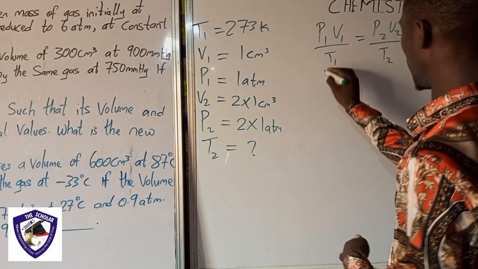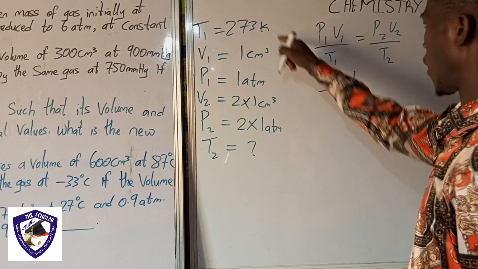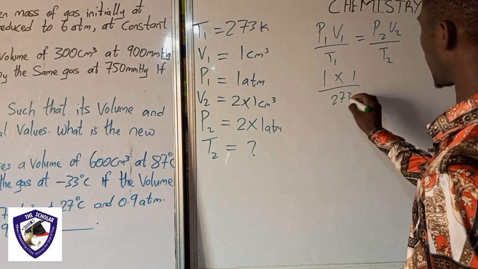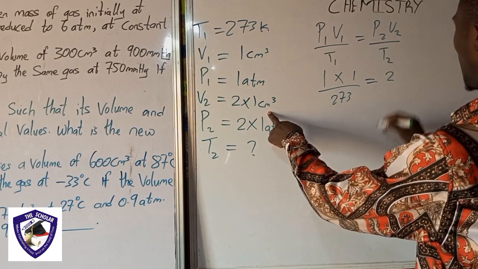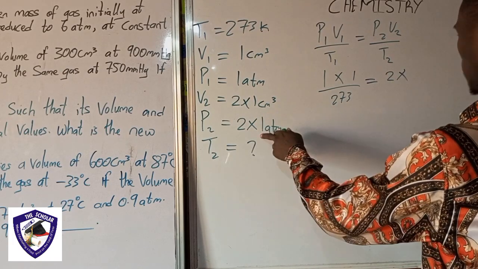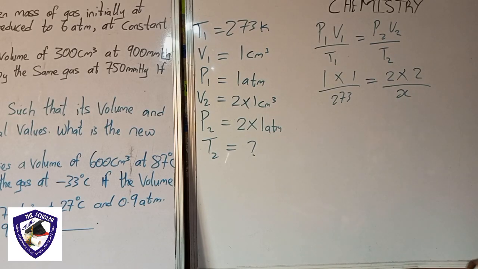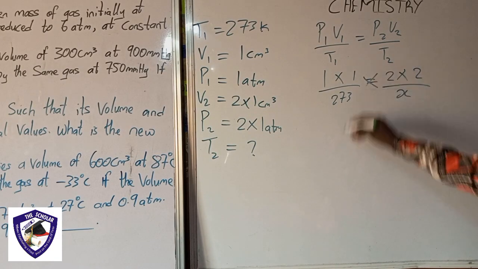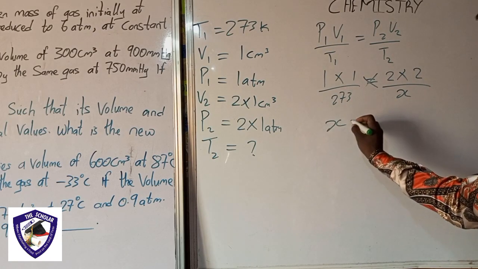Our P1 is 1, multiplied by our V1, 1, over our T1 is 273. Our P2, 2 times 1, that's 2, multiplied by 2 times 1, that's 2. Our temperature, unknown, which is what we are looking for. So then it was multiplied. 1 times 1 is 1, multiplied by x is x.